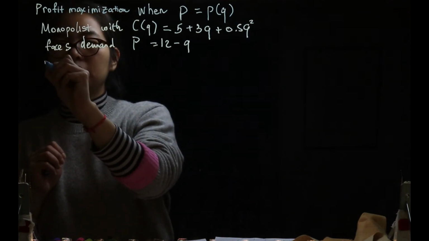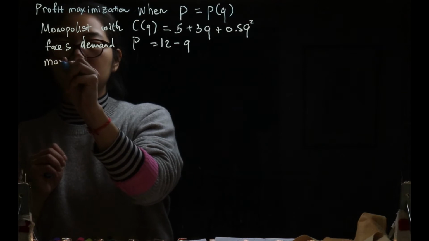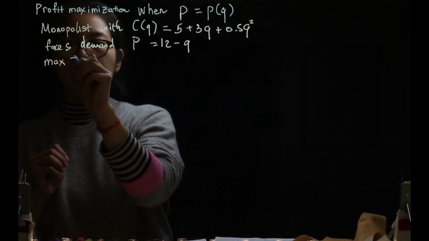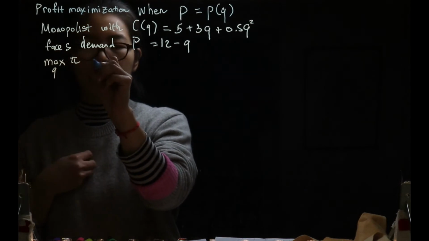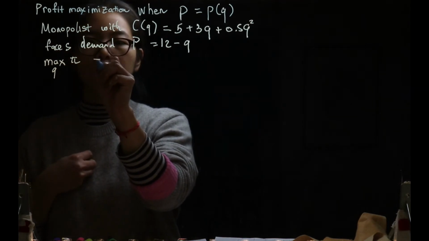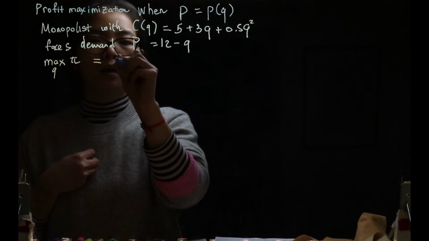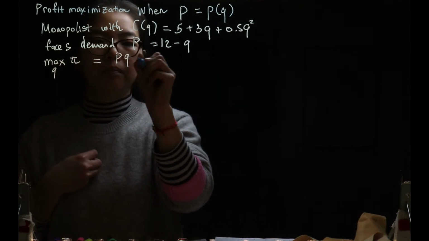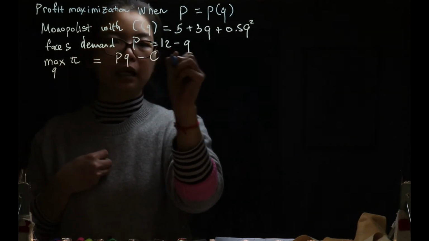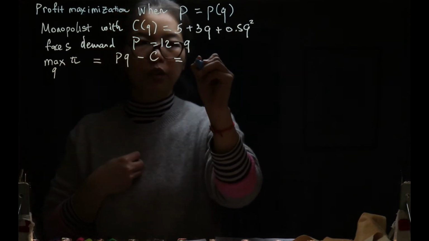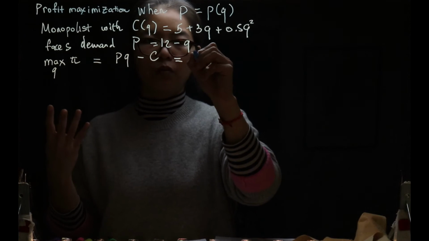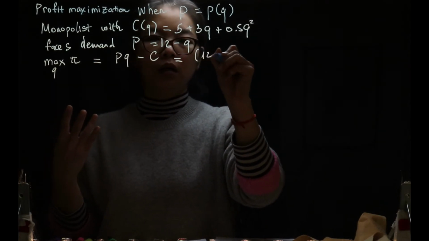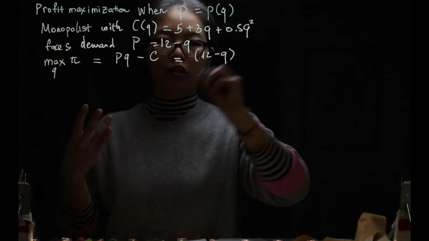Now let's put it in a profit maximization problem. So max pi with respect to Q, as before, thinking about output quantity, equals P times Q minus C as before. However, now when we plug in, we don't have P as P itself anymore, but it's a function of Q, right?